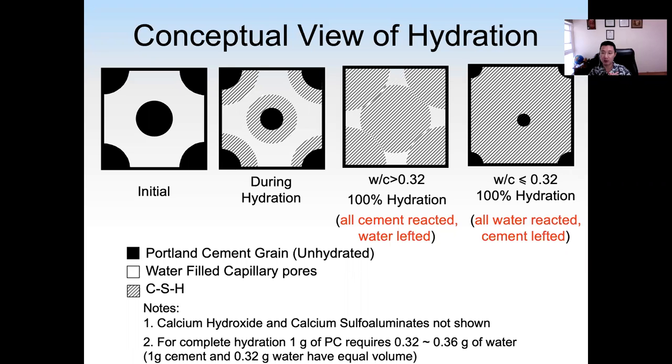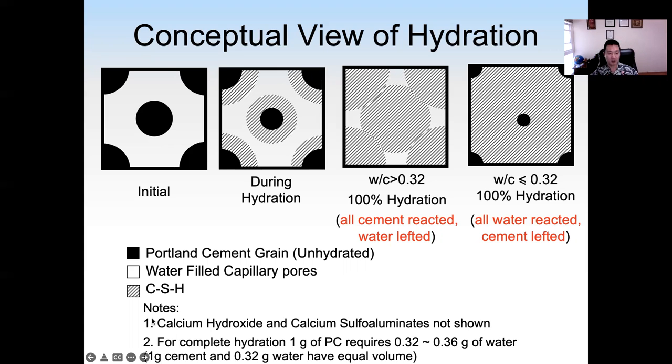So in other words, when the water cement ratio is low, we have fewer pores. The pore volume is lower. Also, we call that the porosity is lower for that concrete. So that will be beneficial to the strength and also beneficial to the durability of concrete.